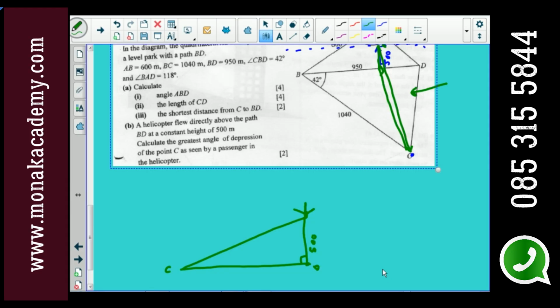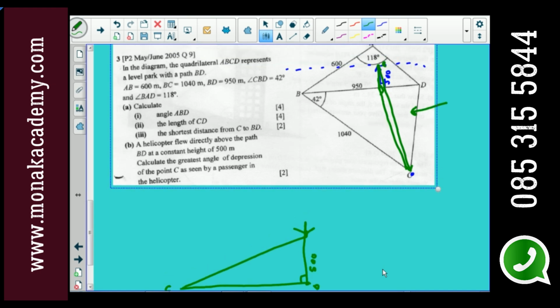Now they want the angle of depression. There's a reason why they made us calculate this thing here.